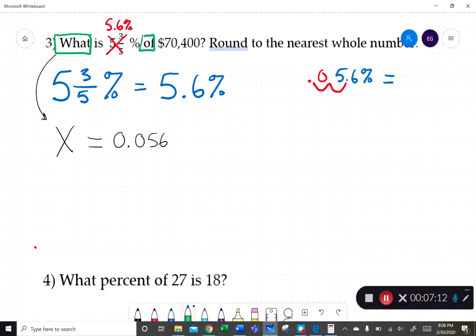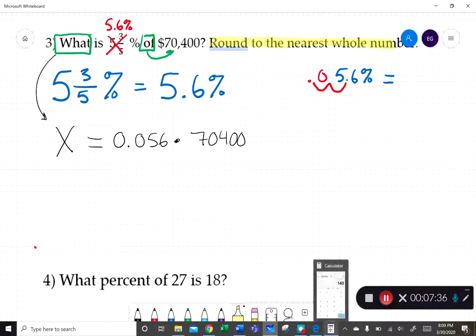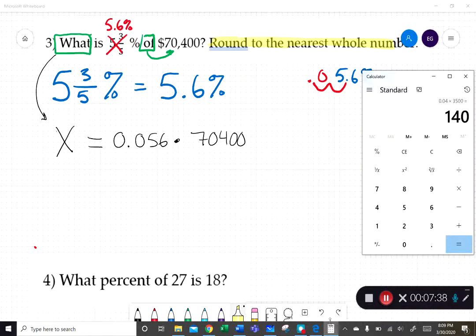Of, so remember, we have of followed by a number, so that's multiplication. So of is multiply, and we have the number 70,400. Now, don't forget, we're rounding to the nearest whole number. So when we put this into the calculator, we'll probably get a decimal, but we'll round that decimal to the nearest whole number. So let's clear this.